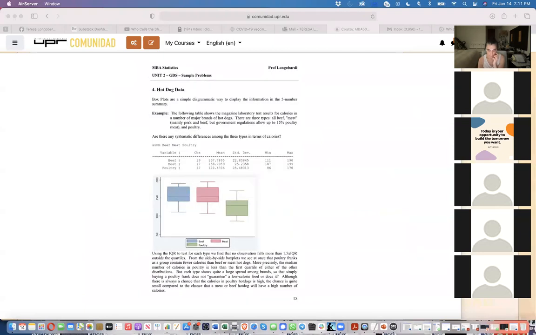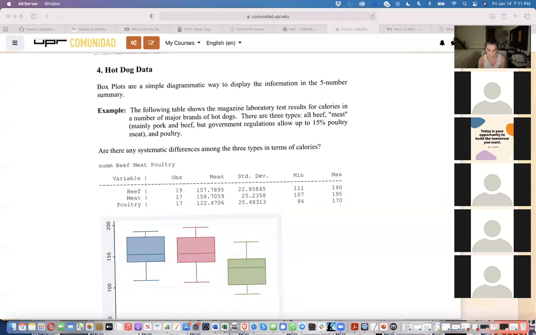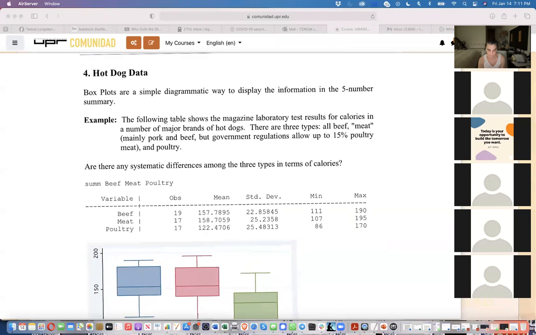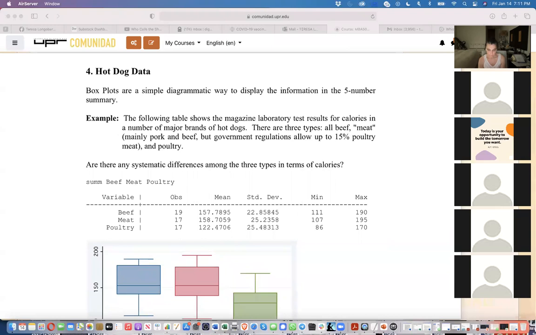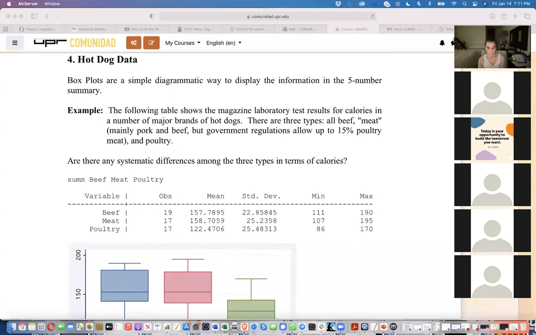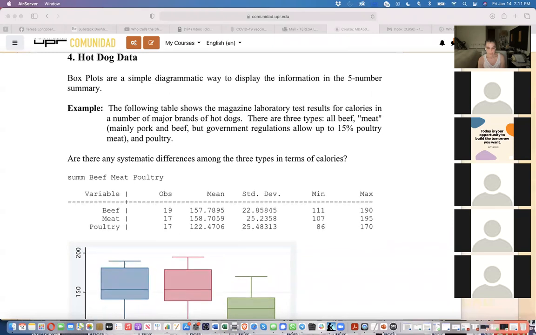So what you have here is on this page here. The following table shows the magazine laboratory test results for calories in a number of major brands of hot dogs.